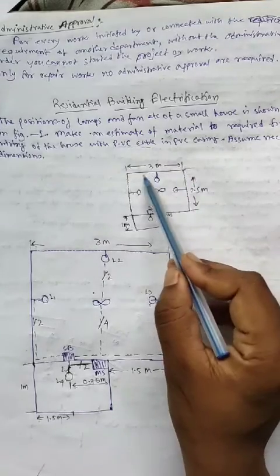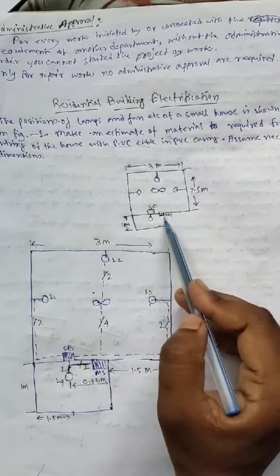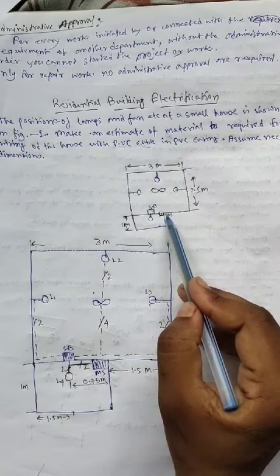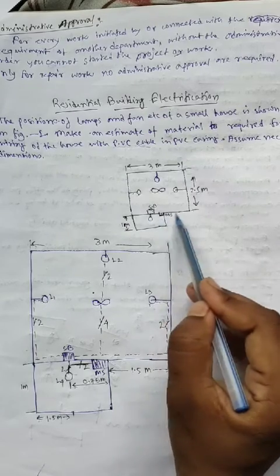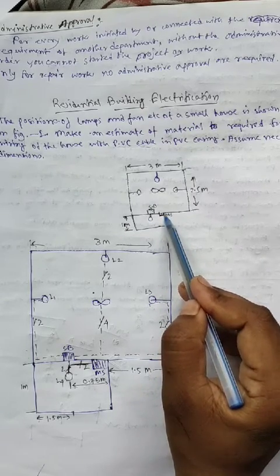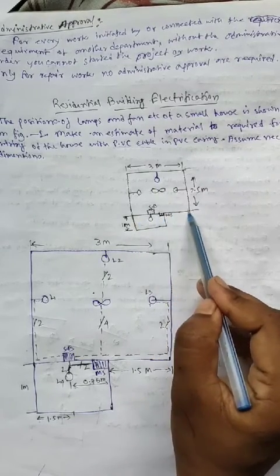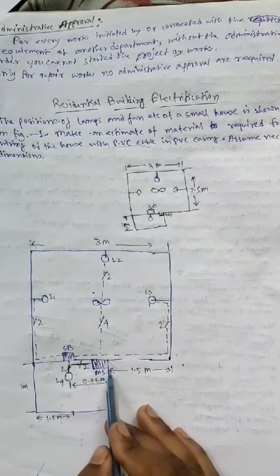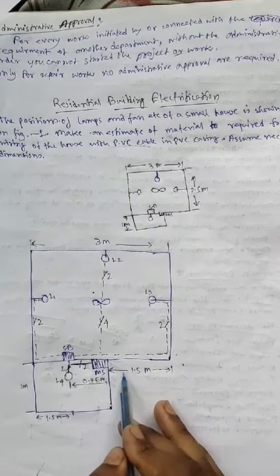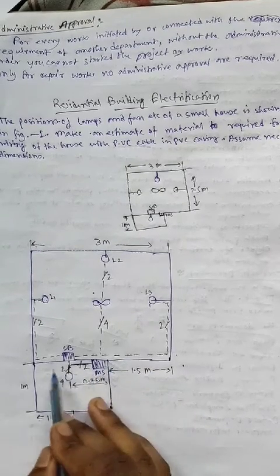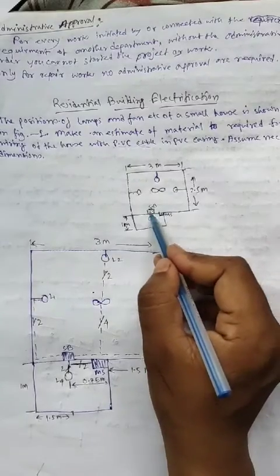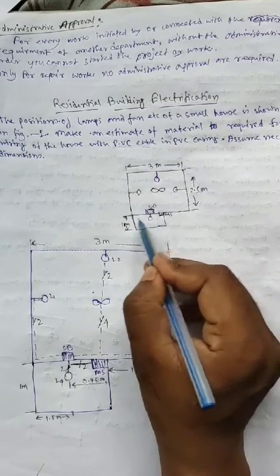Okay, so this is the 3 meter distance, and the approximate main switch is in the middle of this wall. So we can take half of the 3 meter, that means this is 1.5 meter and this is 1.5 meter. This switch will also be in the middle of this half.